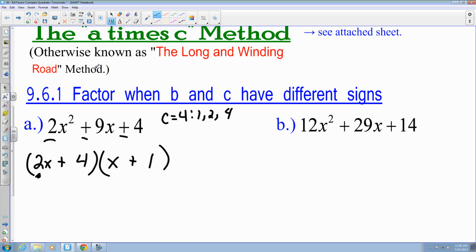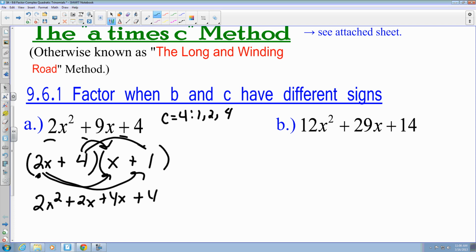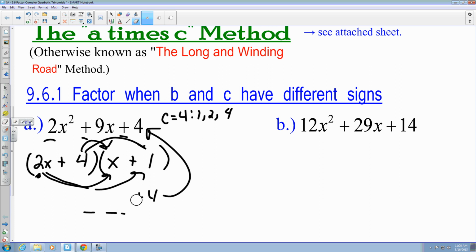Now I'm going to do my guess and check. I've got 2x squared, here plus 2x, here plus 4x, and then here plus 4. Will this equal this? No, it won't, because this will add up to 6x. So we have to put different numbers in.